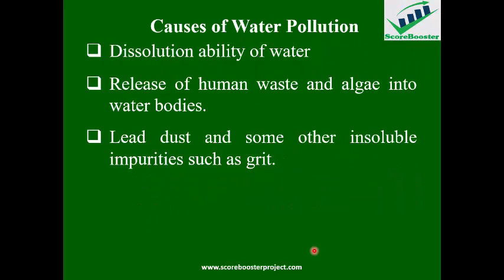So what are the causes of water pollution? We know from primary school basics that water is a very effective solvent. So when water is coming even from the atmosphere, like rain, water can dissolve anything.